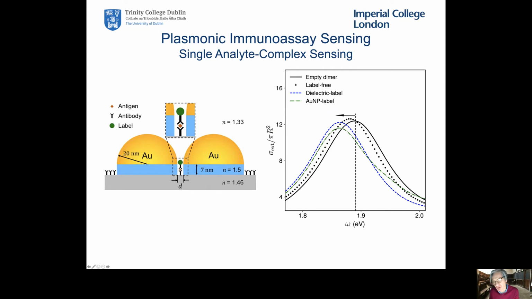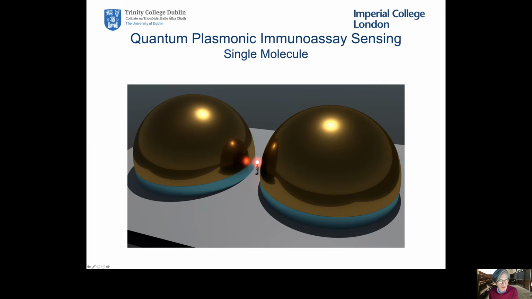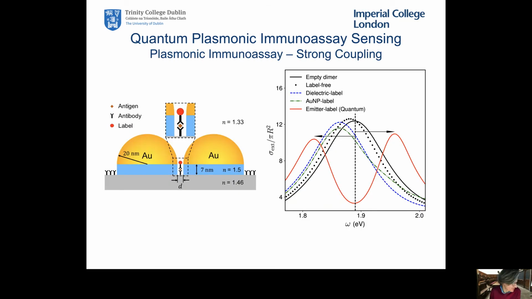Here in this case, it's the so-called scattering cross-section in dependence on the wavelength. So if a single one of those would now be embedded, but stressed not with just a label but a quantum emitter in close proximity, something different could happen. Or rather, a similar thing could happen as happened here with the split of the peaks, so that now, instead of just a shift, a split could happen.